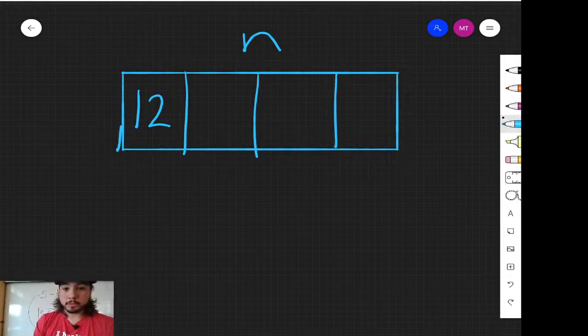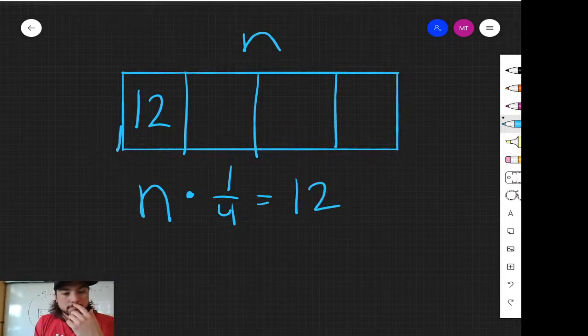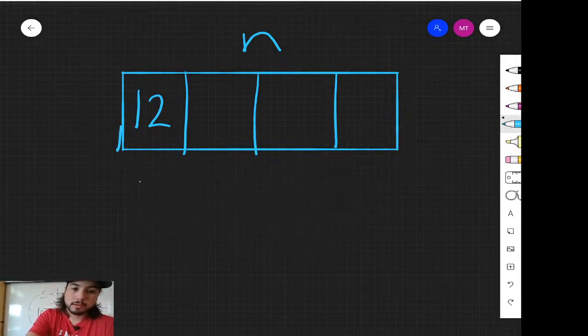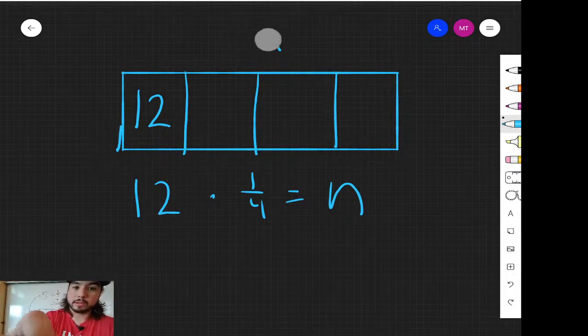Okay, if we're going to use multiplication, there's two ways we have to do it, right? You could do n times 1/4 equals 12, right? Because I see a couple people in the chat putting this. Oops, equals n, okay? 12 times 1/4 equals n would look like this.